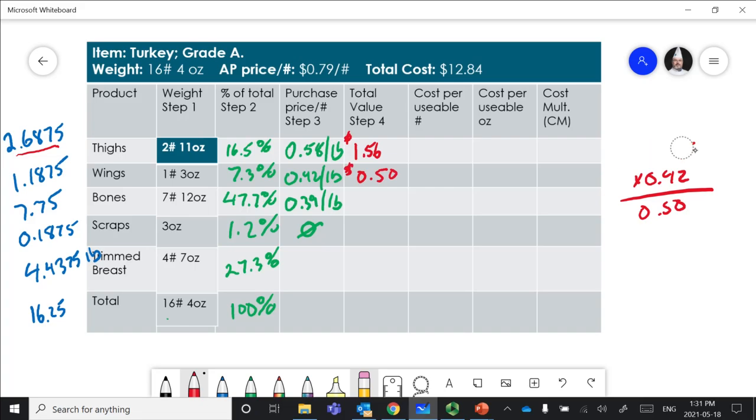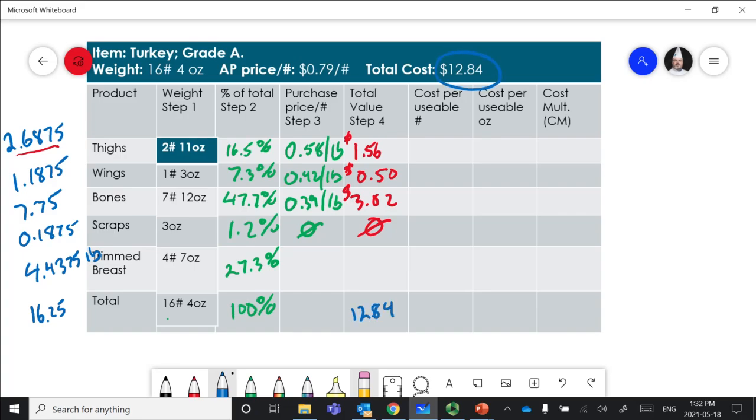Our bones, we had 7.75 pounds times our price for our bones of 39 cents. And we're going to end up with $3.02. Scraps were worth nothing, so they're zero, right? So now we can figure out what our trim breast is, because everything in this column here for total value has to add up to what we paid for it, $12.84, right?